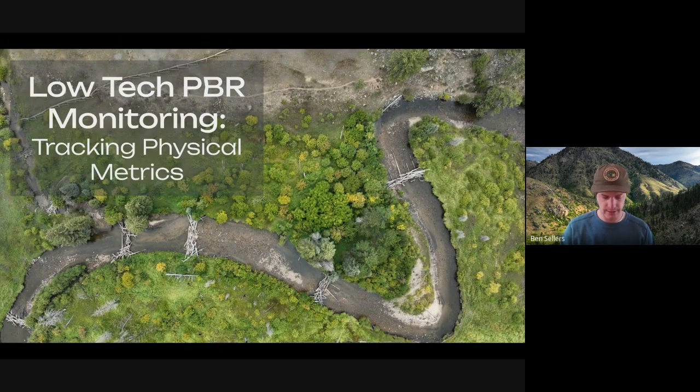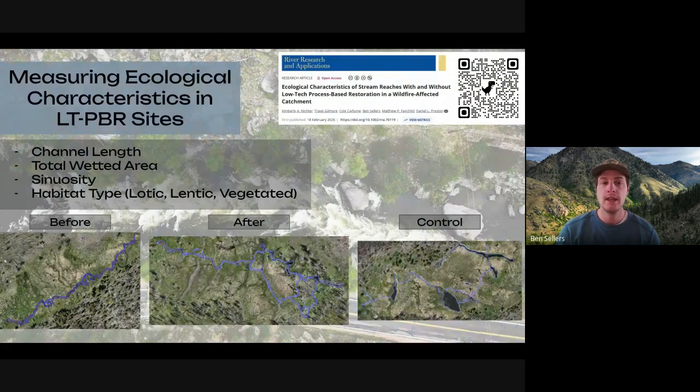Now I'll talk a little bit more about how drone data can be used along with GIS to track physical metrics in these sites. In 2024, researchers at Colorado State started a project to monitor and measure the ecological differences between sites where LT-PBR had been implemented versus ones that had no LT-PBR, and comparing that to natural beaver ecosystems.